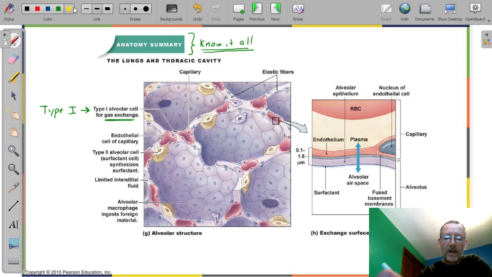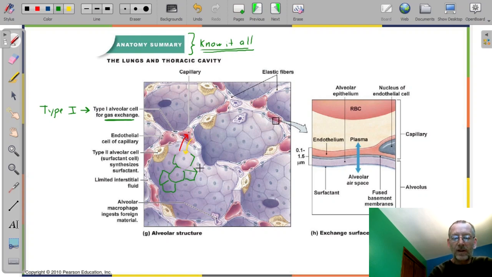So the gas exchange is occurring across here. So oxygen is going in and carbon dioxide is coming back out. So it occurs across that thin little membrane, which is shown over on the right. So those are the type 1 cells. So most of the cells that you see here are all type 1 alveolar cells that make up the walls of the alveoli.